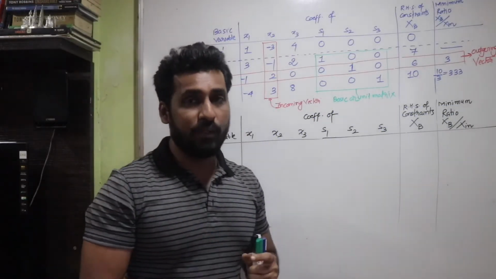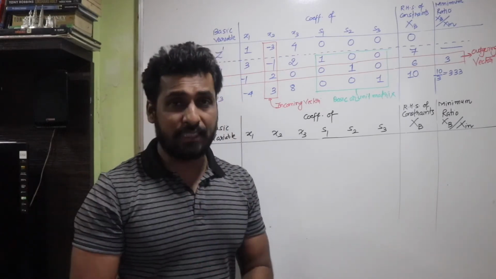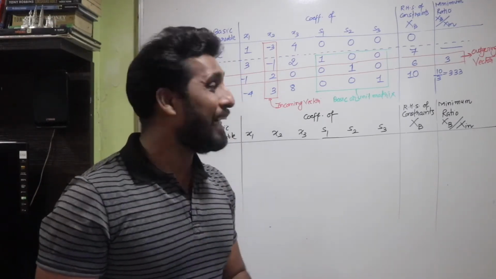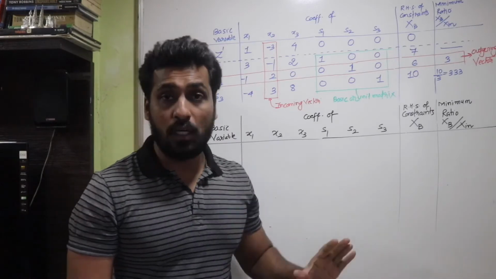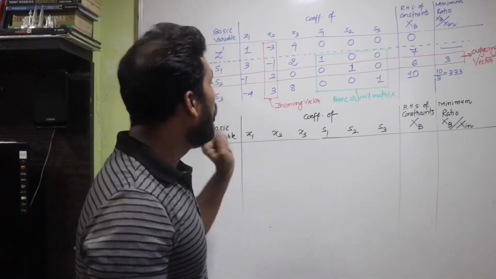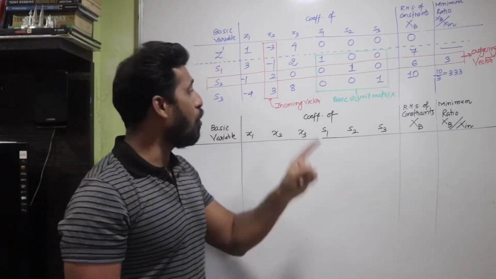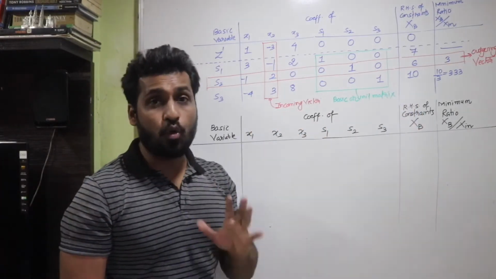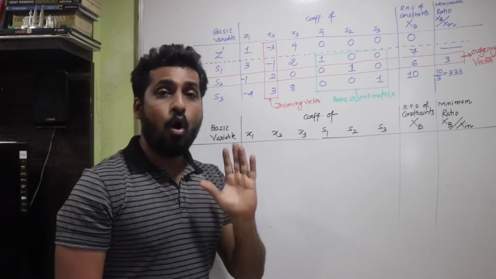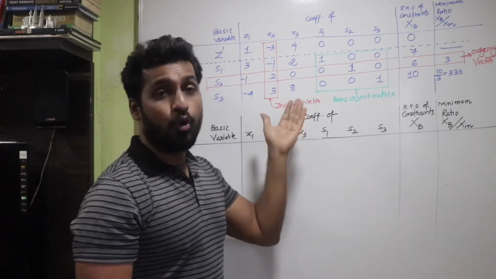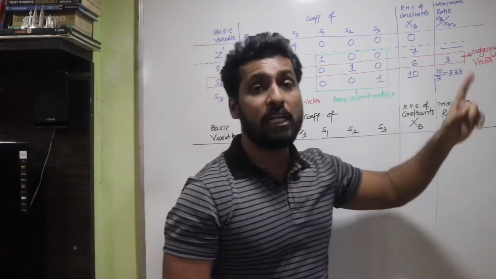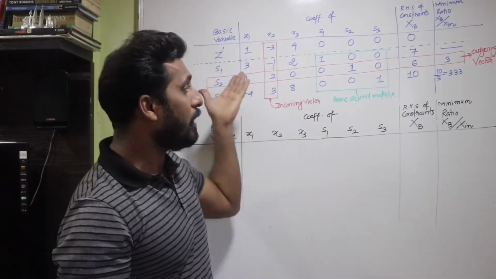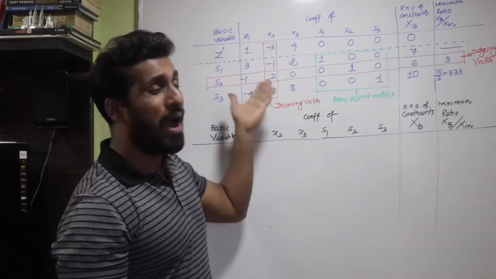Now we have to proceed with the first iteration, the next simplex table. We have also decided who is the incoming vector and who is the outgoing vector. Now, do you remember that the incoming vector is also called the key column, or pivot column, whereas the outgoing vector is also called the key row or the pivot row.